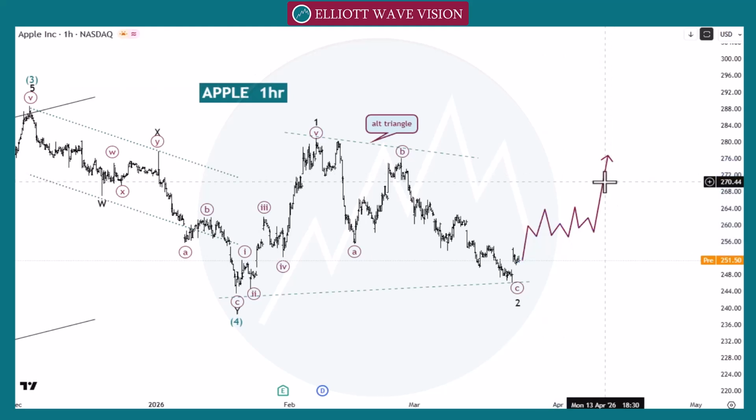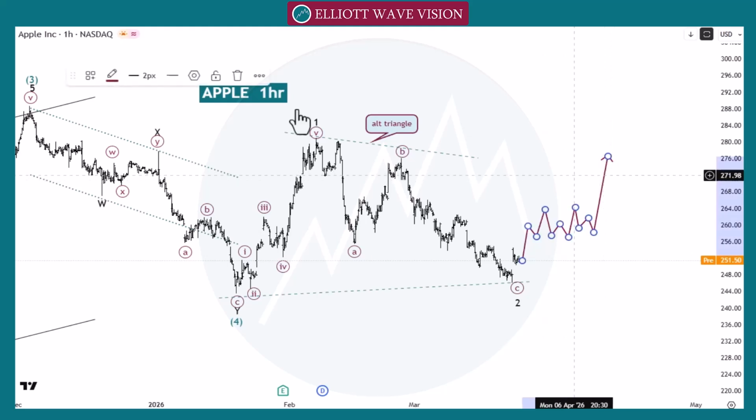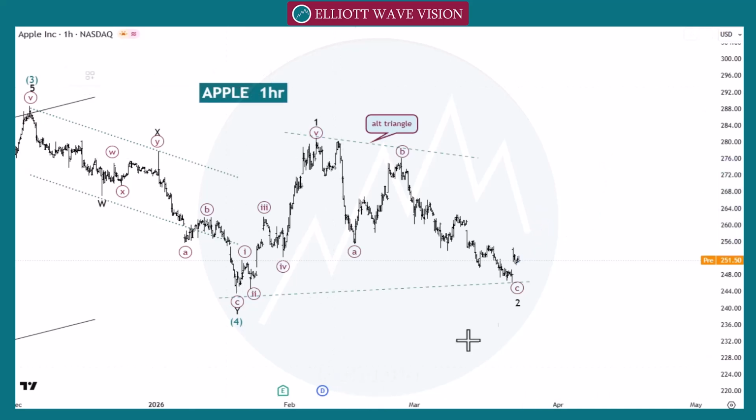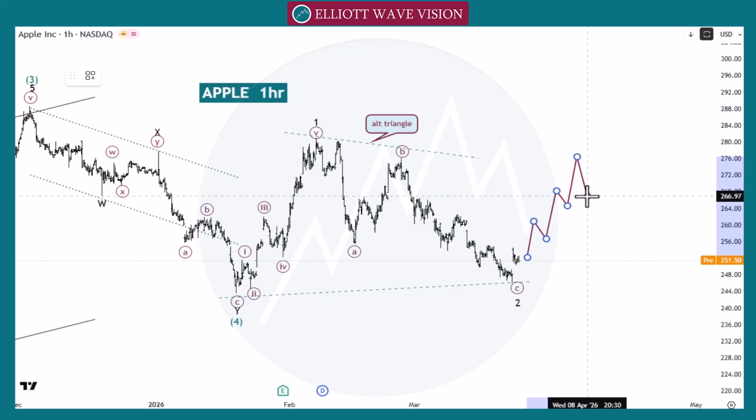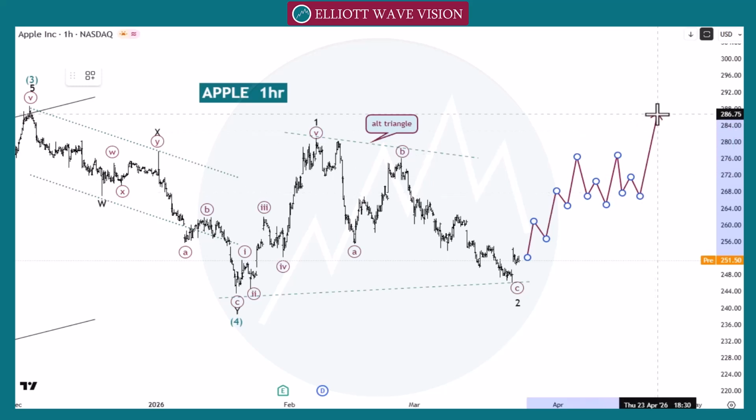If the market gives us the proper impulsive move like wave 1, wave 2, wave 3, wave 4, wave 5 towards the 280 like arrival, reaction, first high above level A, B and C, then we will go towards the next point 300.